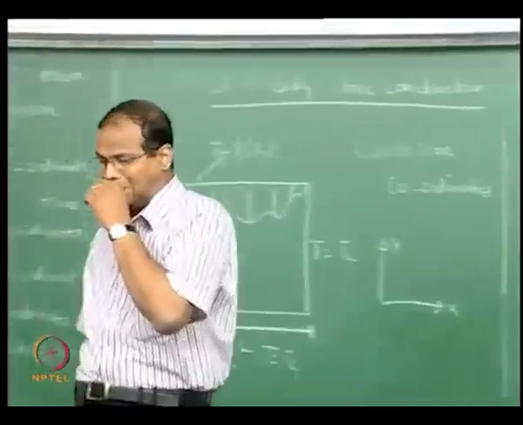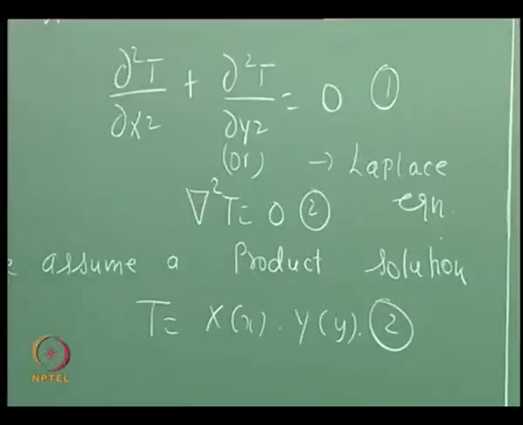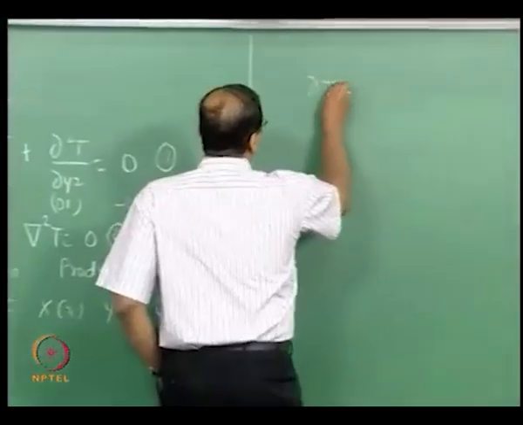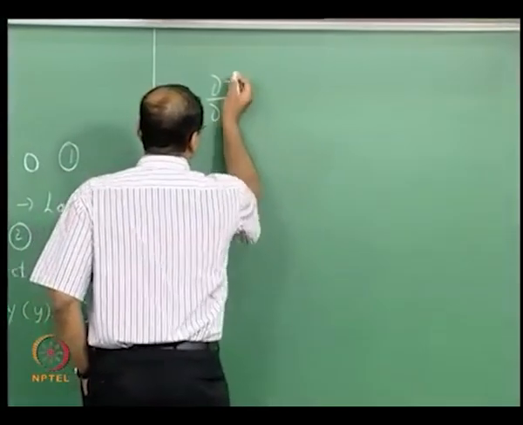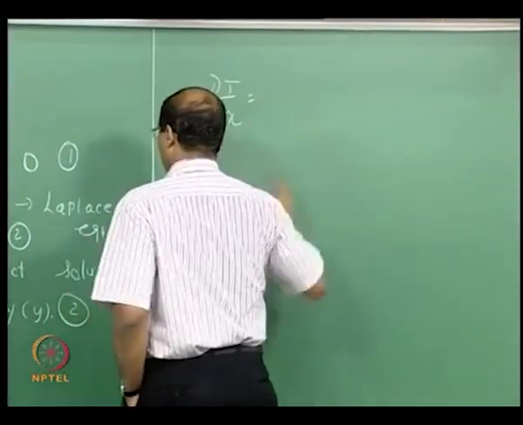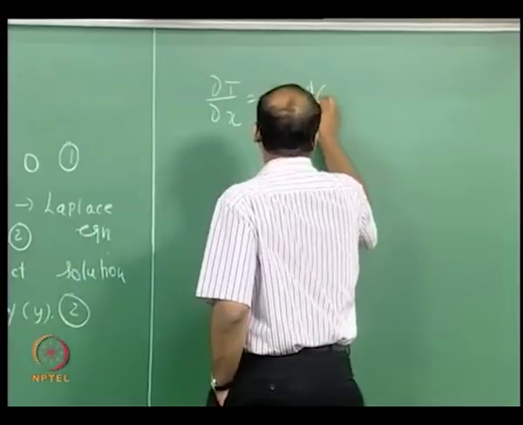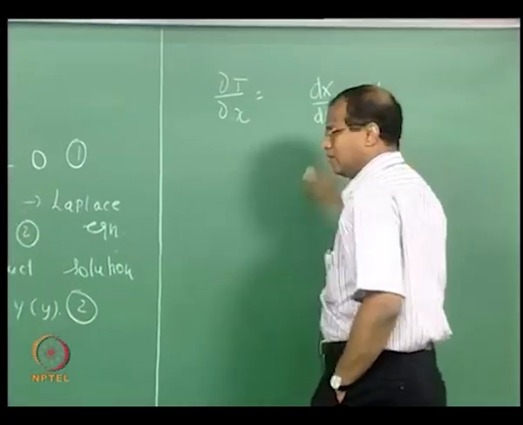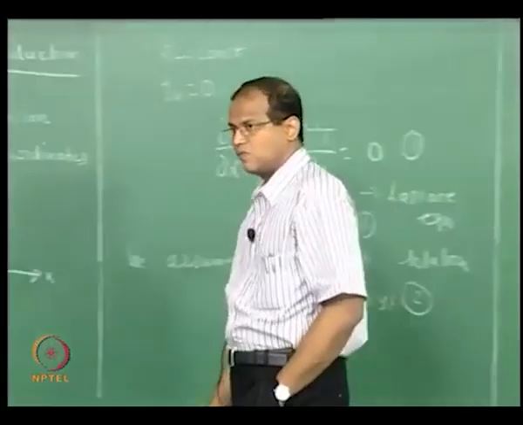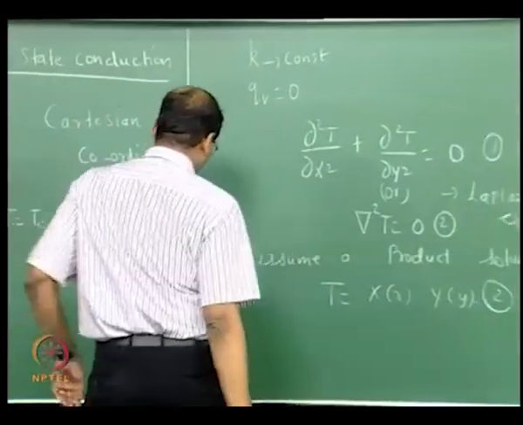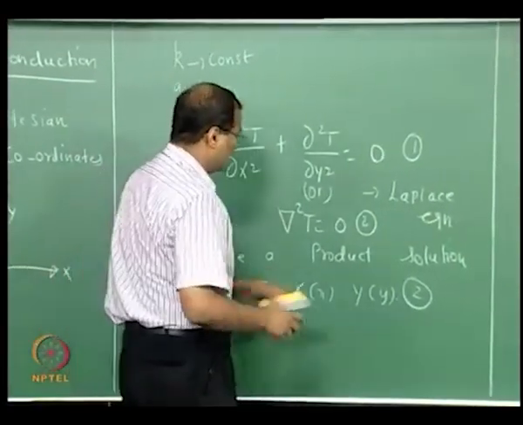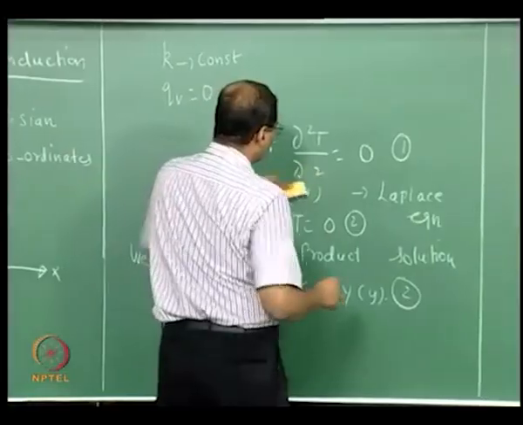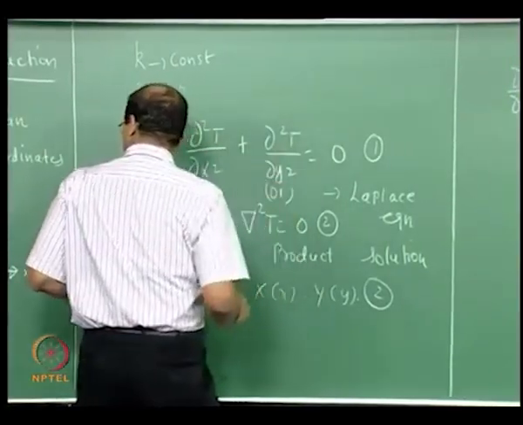And then do what? Now once you have a product solution, it is possible for us to get dT/dx. So in order to be consistent, capital Y is the solution and small y is the variable.